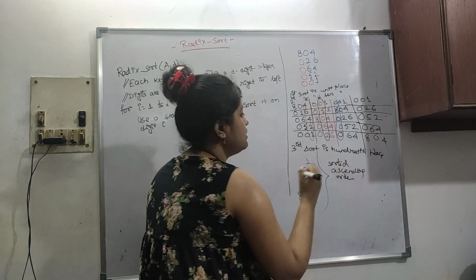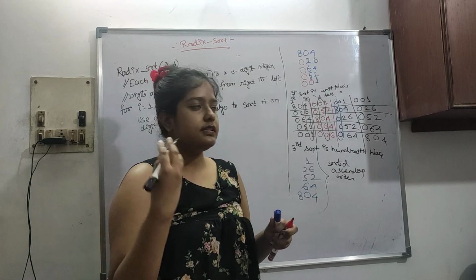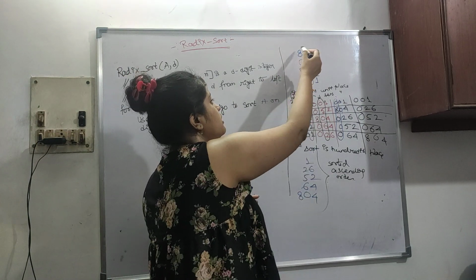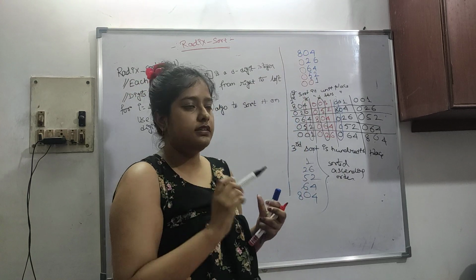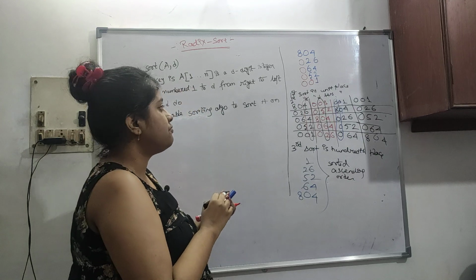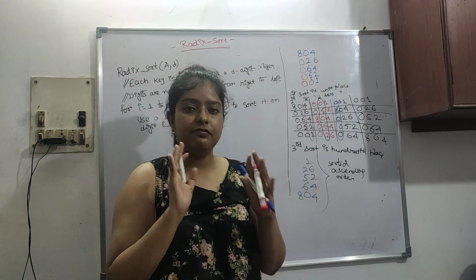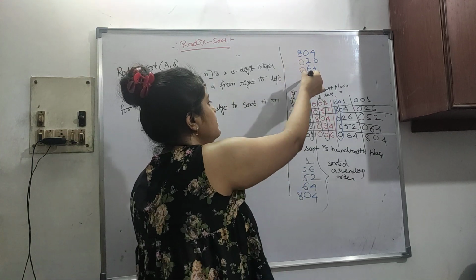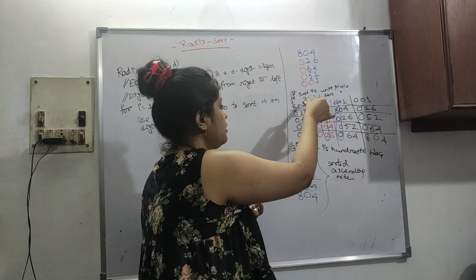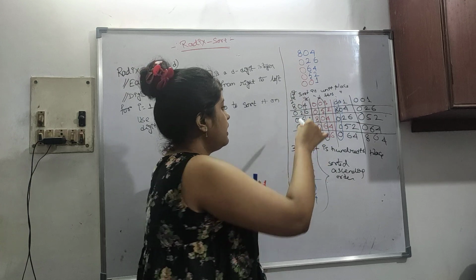Now you can see what we did. I am just explaining again. This was our input. The maximum was a 3-digit number, so we put zeros to make every number 3-digit. First we look at the units place and sort with the help of it.